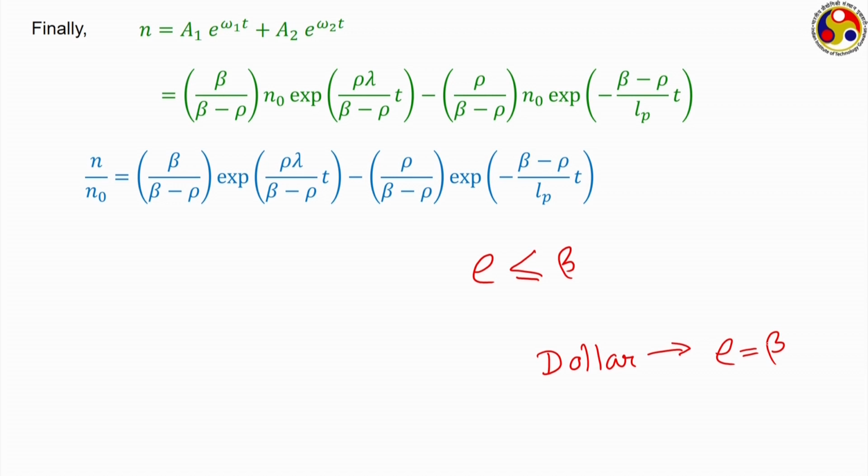This is not an absolute unit, because for different isotopes beta has different numbers. It is 0.0065 for uranium-235, but can be anything else for uranium-233 or maybe Pu-239, and hence the definition of dollar keeps on varying.